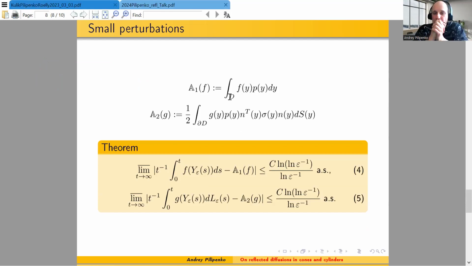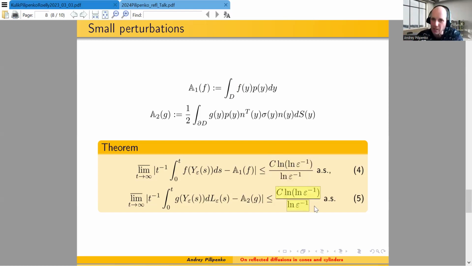The result is the following. If the coefficients alpha, V, and so on are smooth enough, the boundary of D is smooth, and function f and function g are also smooth enough, then there is a universal constant C that depends on the Lipschitz constant of f, the coefficients alpha, V, gamma, and all other coefficients, such that we have the following bounds.